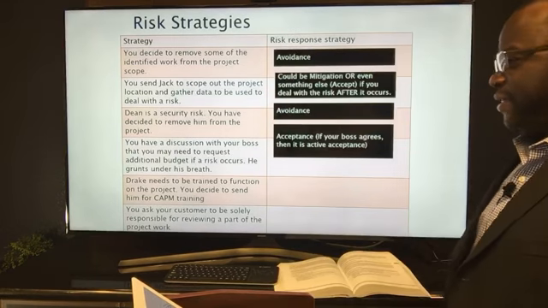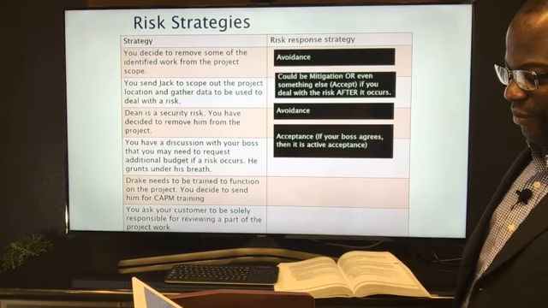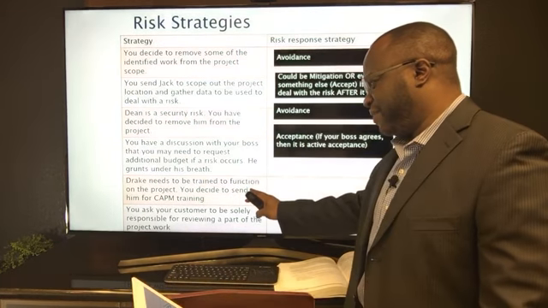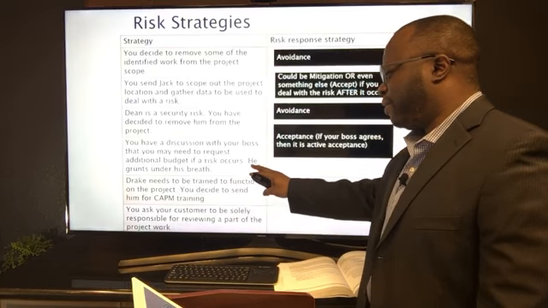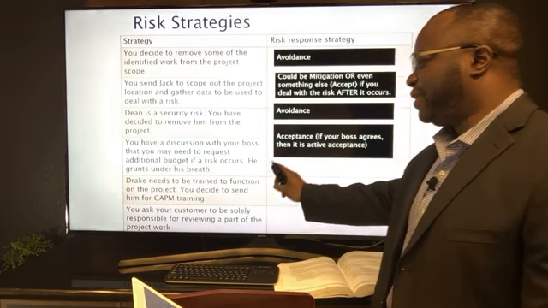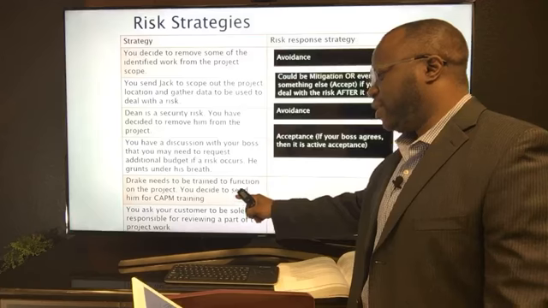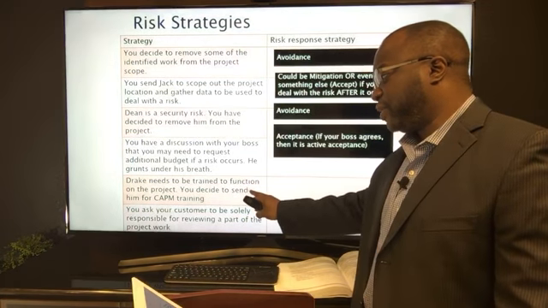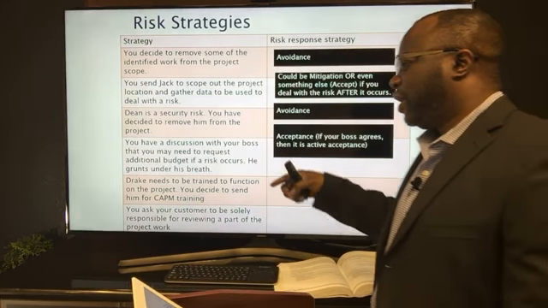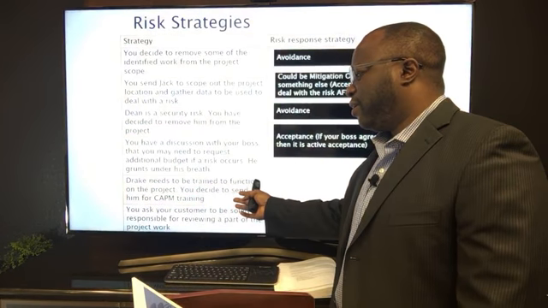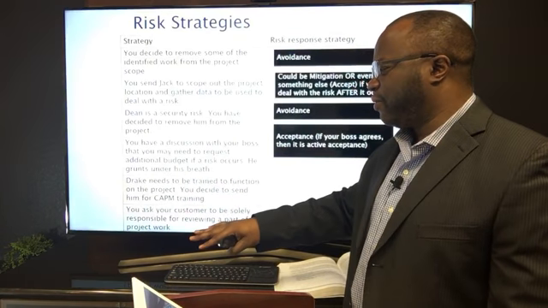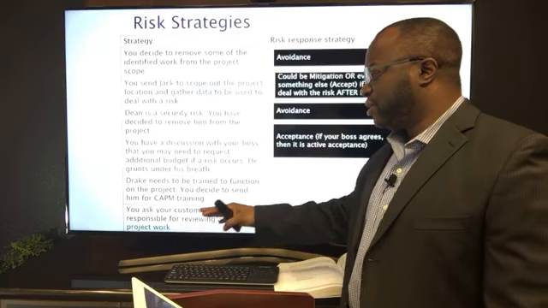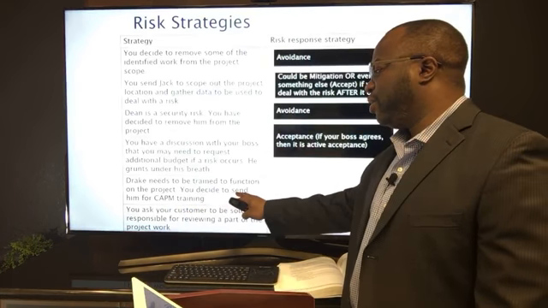What strategy is this? I'm getting a lot of the right answers. So this is a negative risk, right? We need to take care of it. He needs to be trained because if we don't train him, he can't function on the project, okay? That is not a positive thing, that's negative. Now the question is, if you send him for training, are you transferring the ownership of that risk to someone else? No, you're sending him for training. He gets trained. Whether he gets trained good or bad, you still own the risk.